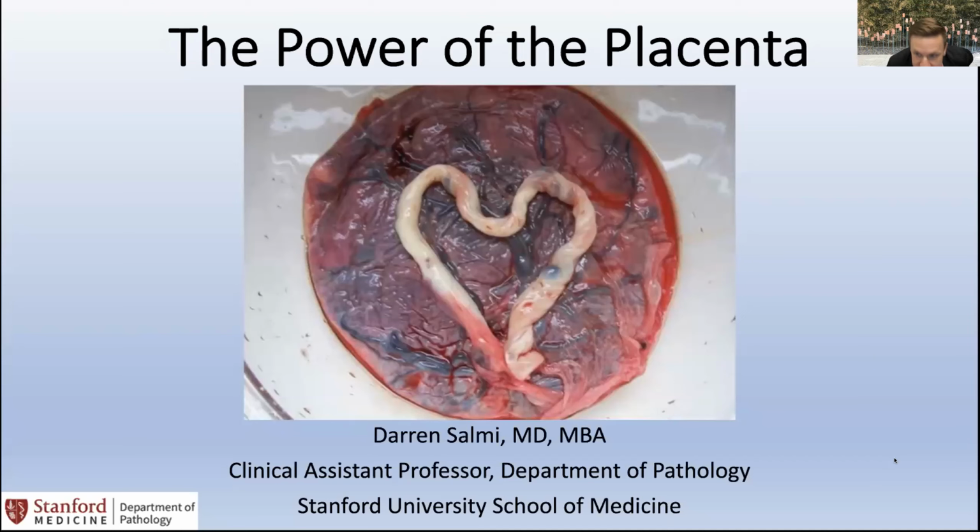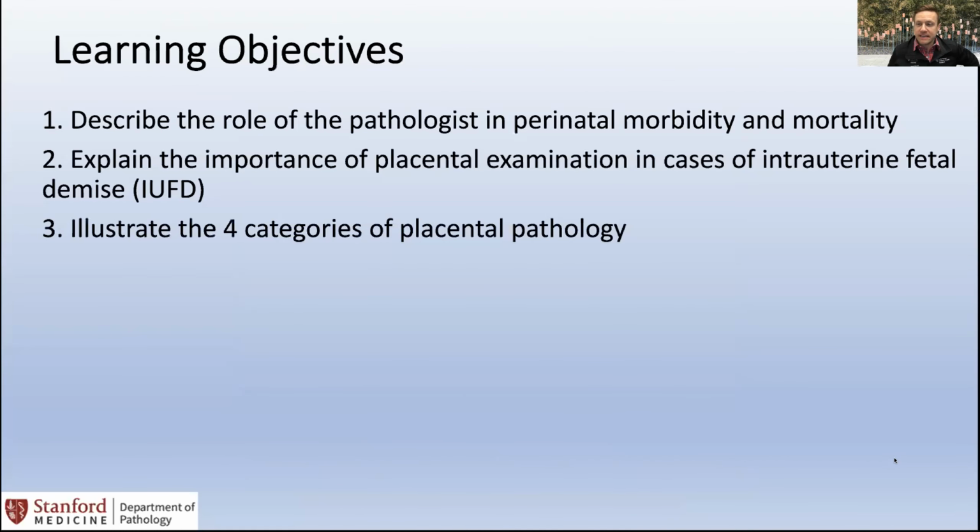So what is it that a pathologist can actually contribute in terms of your knowledge, especially when we're talking about the placenta? Well, first, we're going to talk about the sort of hidden role pathologists play in perinatal morbidity and mortality. And then we'll specifically look at what the placenta can tell us in cases of intrauterine fetal demise, or IUFD.